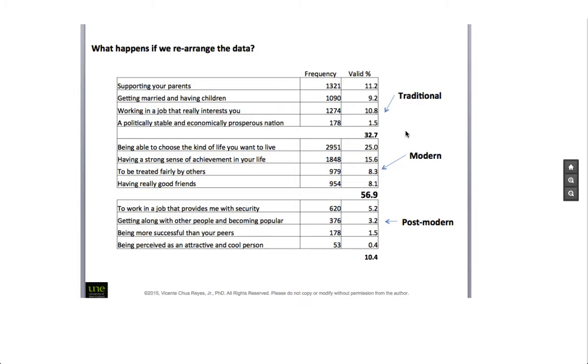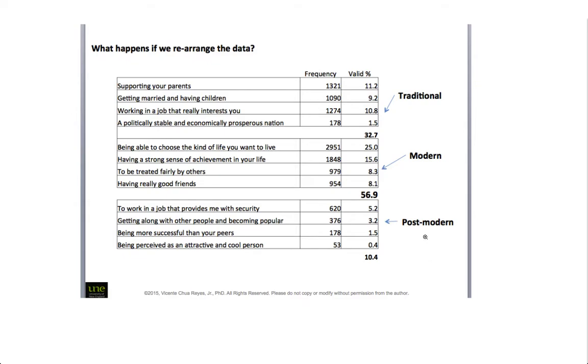One is traditional, right? So that talks about parents, to be filial, get married and having children, working in a job. And we have students who are modern, who have modernist notions. And this really talks about independence and agency.